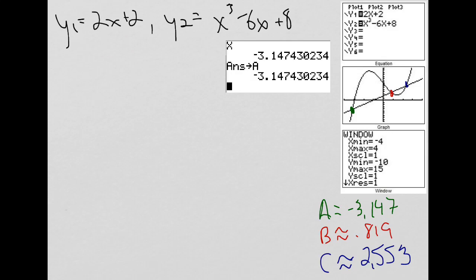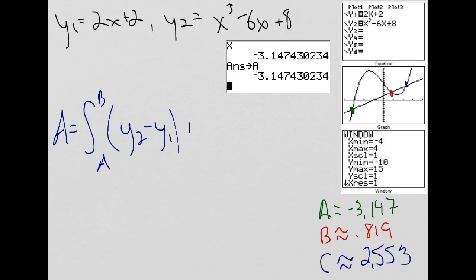Then the area that I'm looking for is the integral from A to B of, I've defined y1 and y2, I want the curvy one, which is y2, minus the line, which is y1. So I'm going to write y2 minus y1, plus.